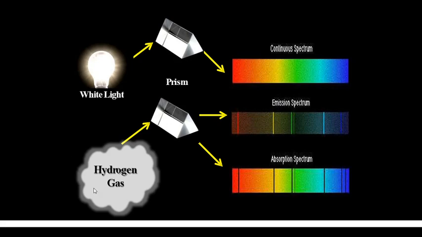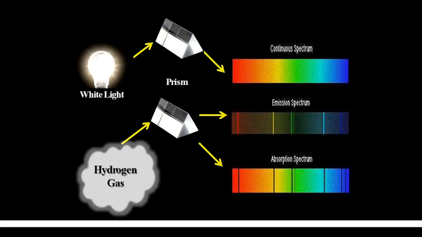Now what happens if we are taking hydrogen gas? Why are we taking hydrogen gas? We are studying about hydrogen spectrum, isn't it? So we are taking hydrogen gas inside a discharge tube and we are heating it. So what happens when it gets heated?